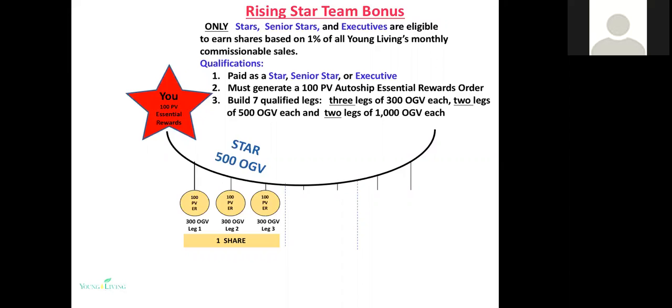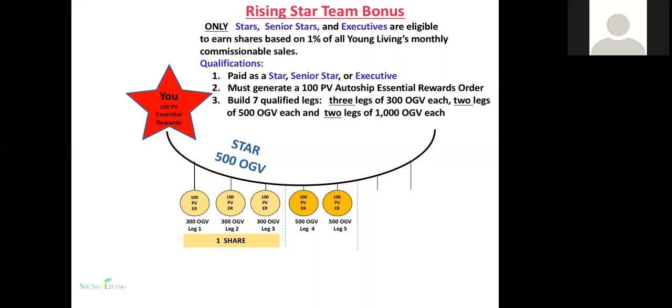Now, at this point, you would want to identify out of these 3 members, which 2 are going to be your leaders. And maybe all 3 are going to be leaders. That would be fantastic. But at least 2 of them, which of the 2 are wanting to become leaders? Because you're going to now help those 2 members to build to 100 PV Essential Rewards and 500 OGV.